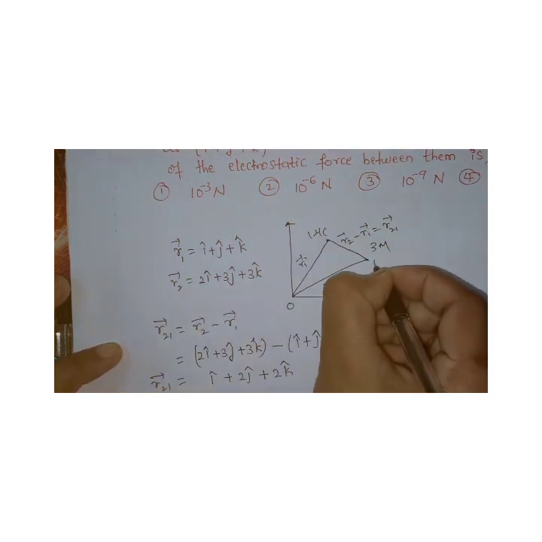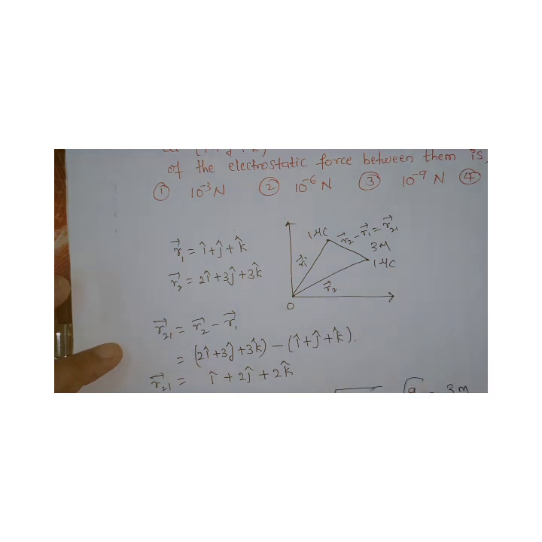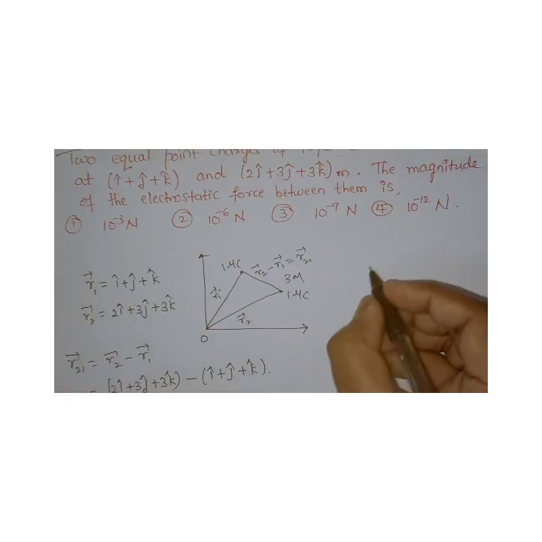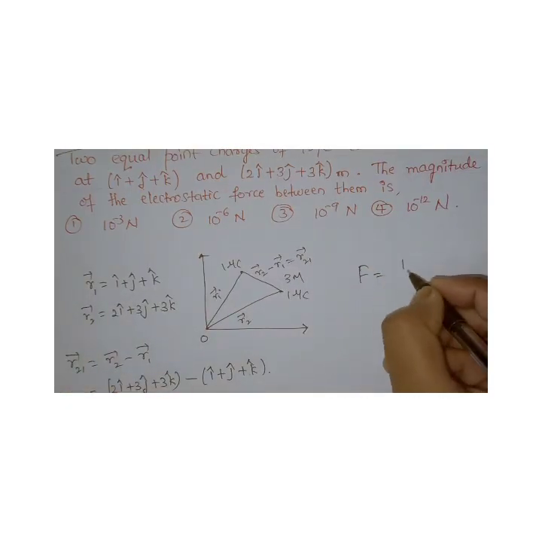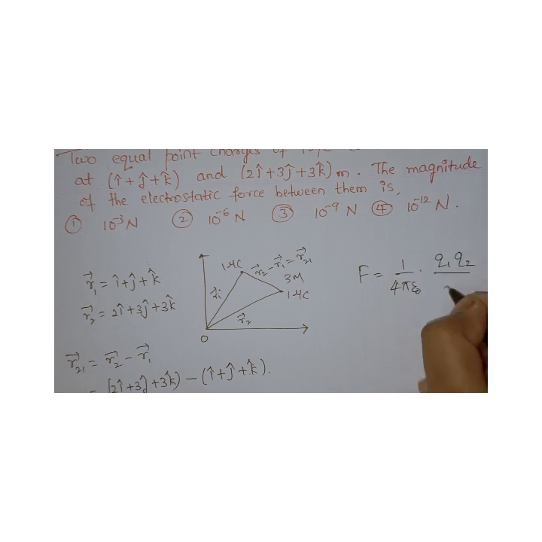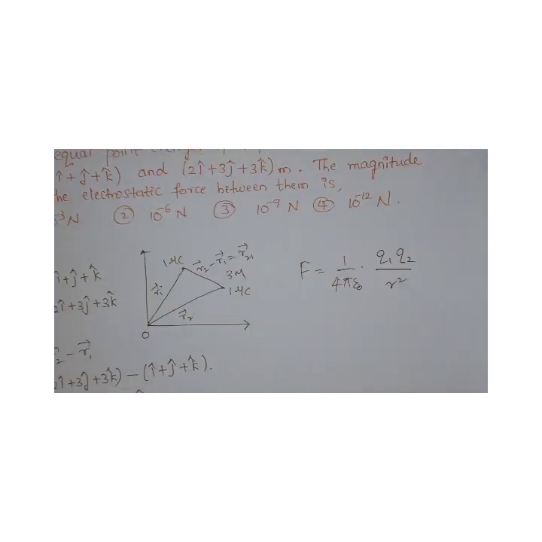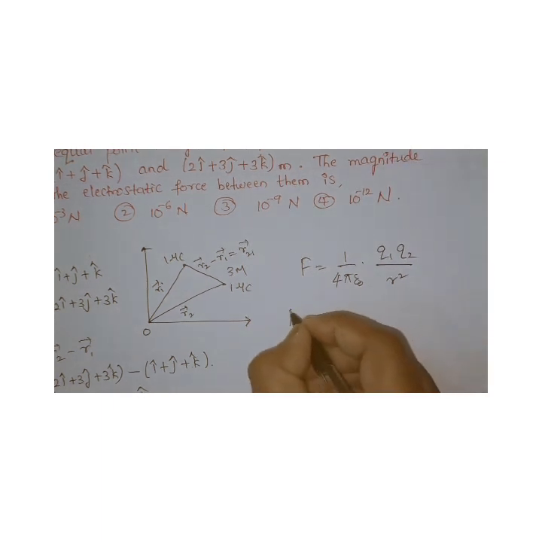Okay, so how much are the two charges here? 1 microcoulomb, here also it is 1 microcoulomb, right? So apply Coulomb's force formula, what is it? F equals 1 by 4 pi epsilon naught q1 q2 by r square. Here q1 and q2 are the same, so we can take q square.